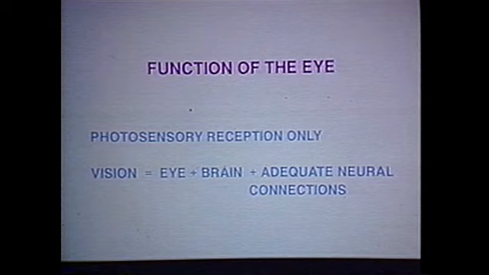So the adverse effects of any chemical substance will be on the function of photosensory reception. It's important also to remember that photosensory reception is not the same as vision. For vision, we need a brain and we need the adequate neural connections as well.